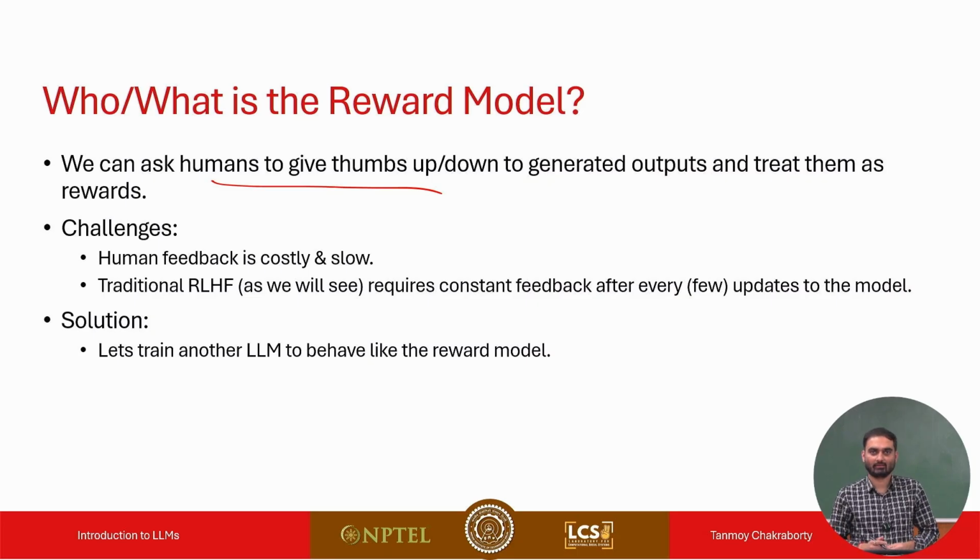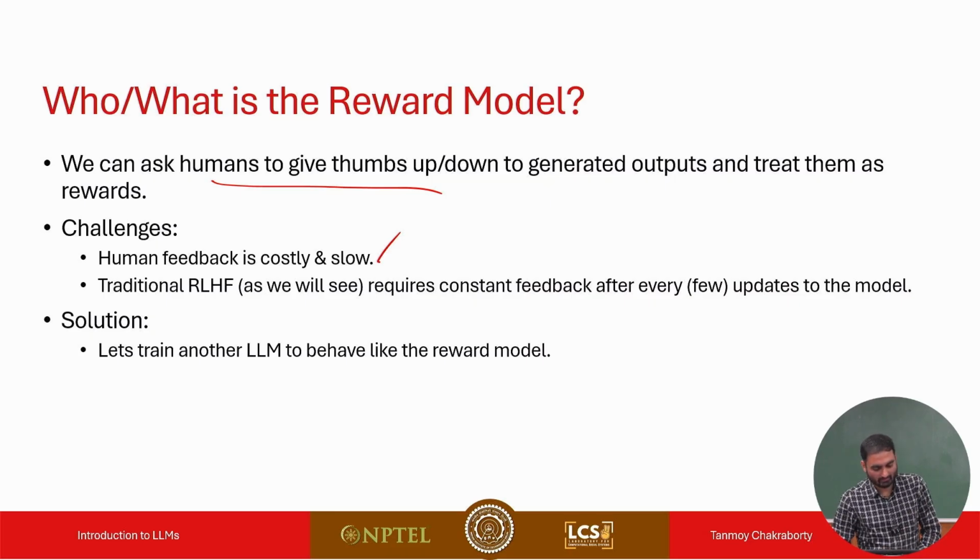What is the challenge? Of course, the first challenge is that it is extremely costly and time consuming to employ a human being to look at every output of a model. And remember, the feedback that you obtain from the human or from the reward model gets fed to the model for further fine tuning. So human feedback is extremely costly and slow.